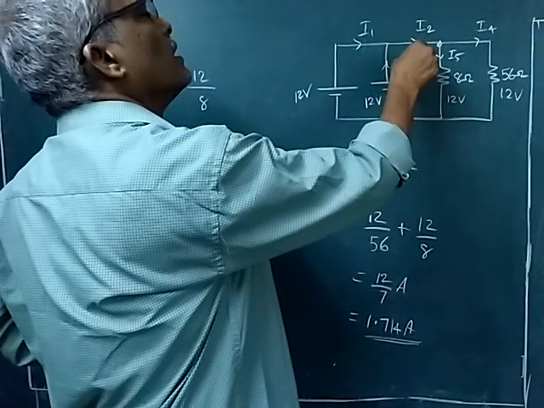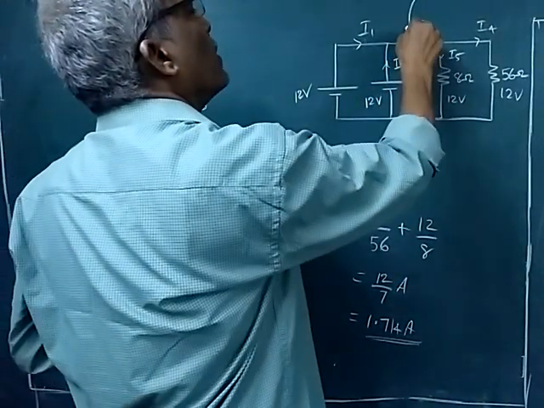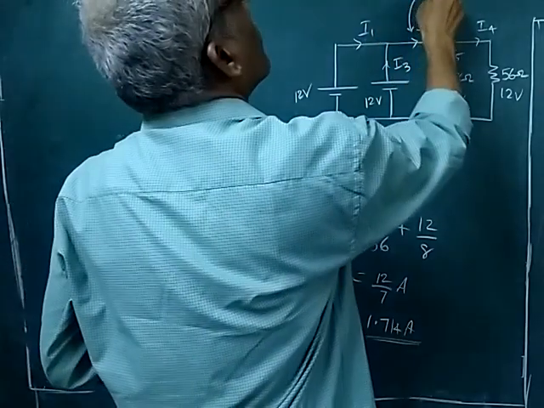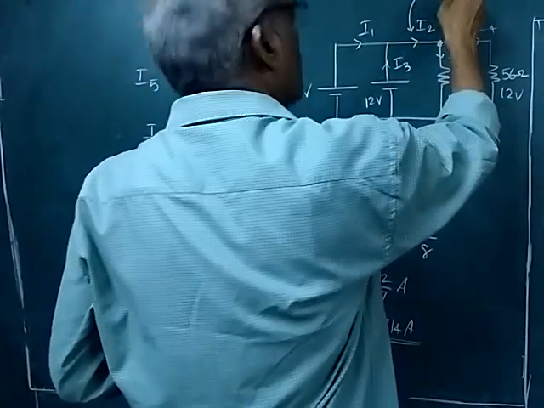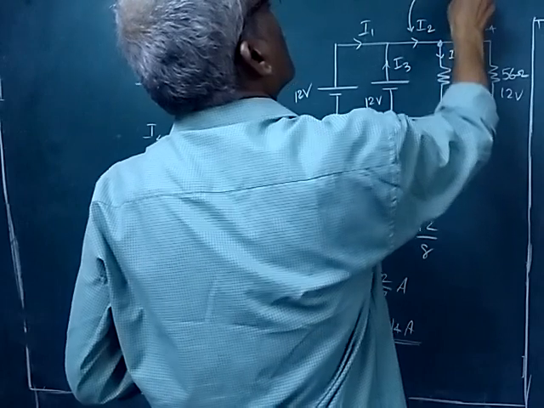So the current I2 at this point is 1.714 ampere.